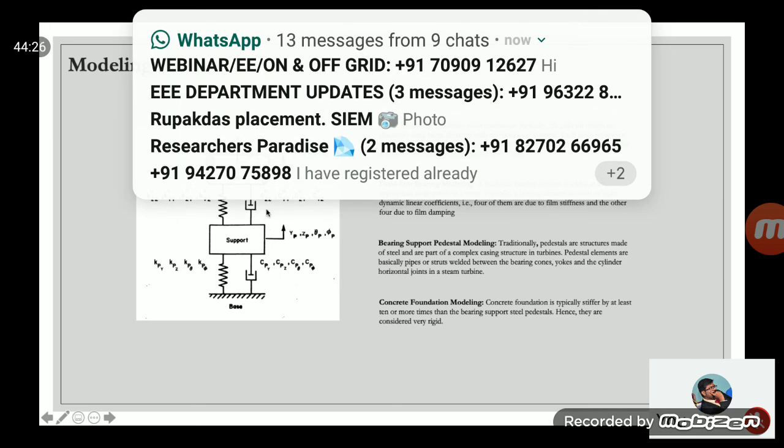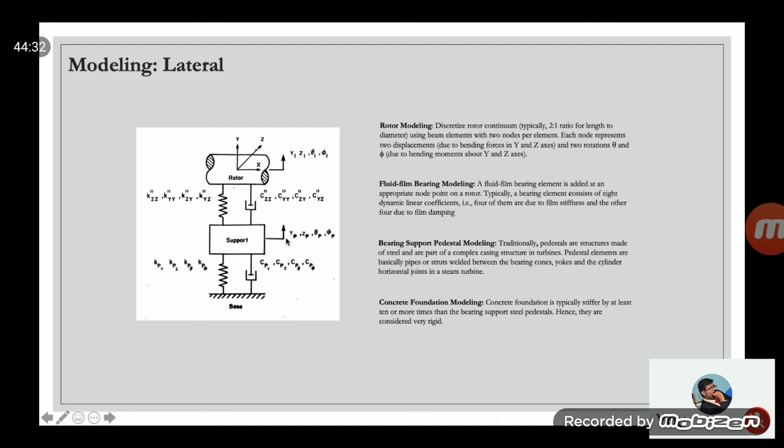This fluid film bearing is in turn supported on a pedestal. The pedestal is a structure, so it doesn't have oil film damping or cross coupling. It only has the moment and the displacement. Then it has the base, the foundation.